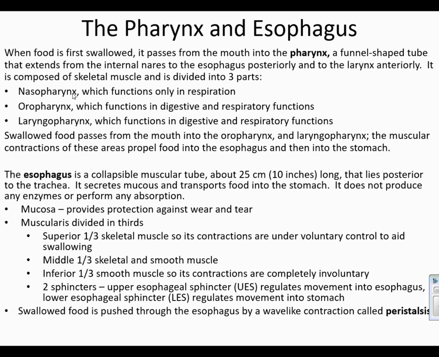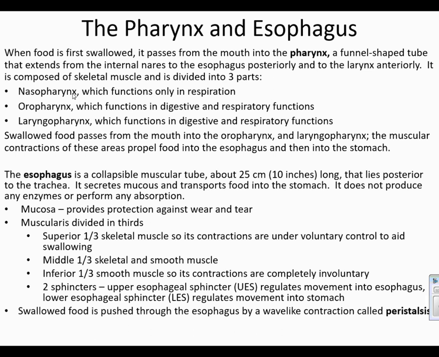What we don't want, though, is food going into your larynx, because that's the structure that leads to your windpipe. We want it to pass posteriorly to your esophagus. Now, to help this occur, muscular contractions will help propel the food into your esophagus. The esophagus is a collapsible muscular tube, about 25 centimeters or 10 inches long, lying posterior to our trachea.